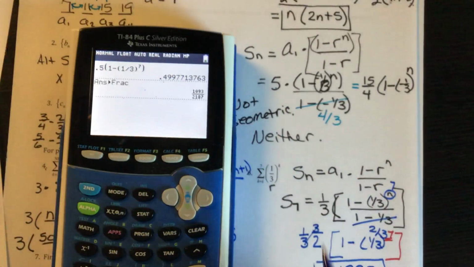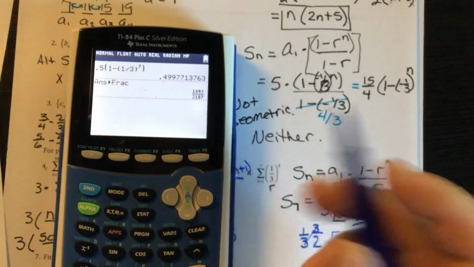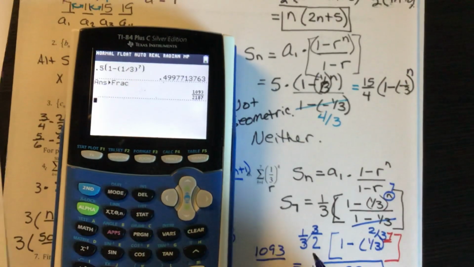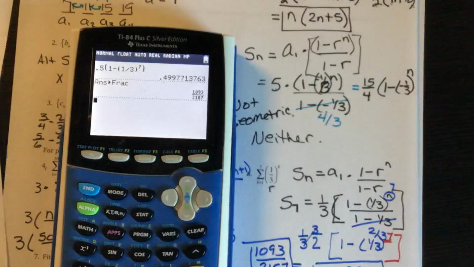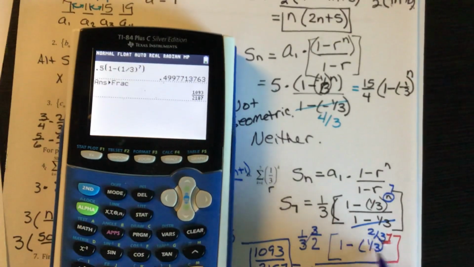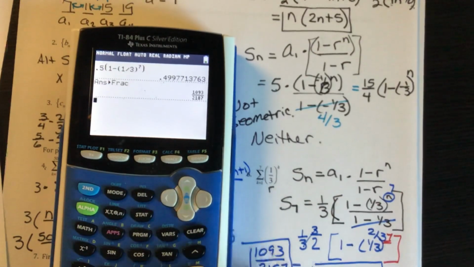Yes, I do. So this would be 1093 over 2187. So either one of these answers would work. So 1/3 to the 7th power, if you leave that as a fraction and take it away from 1, then multiply it by 1/2, this is what you get.